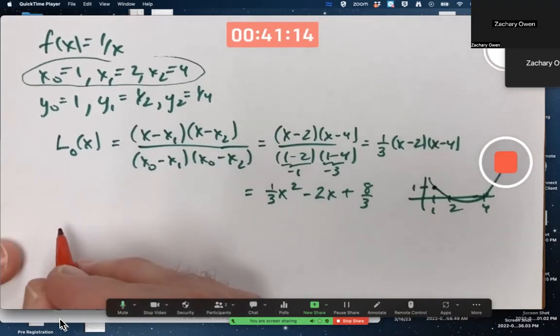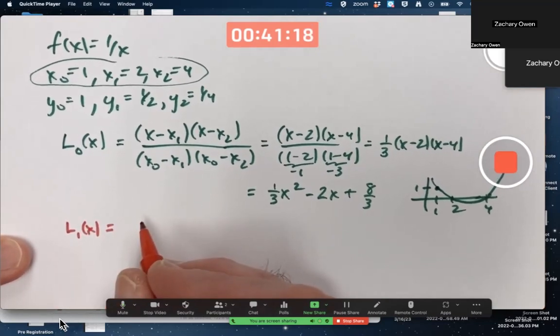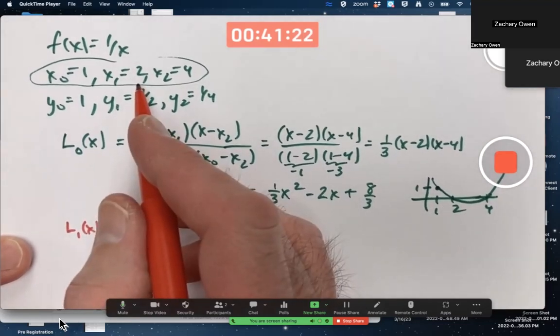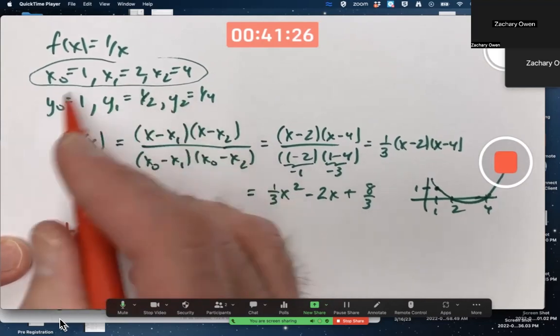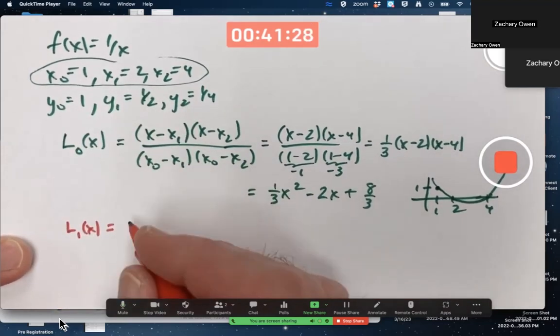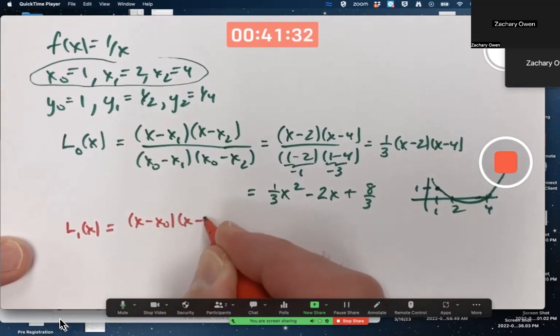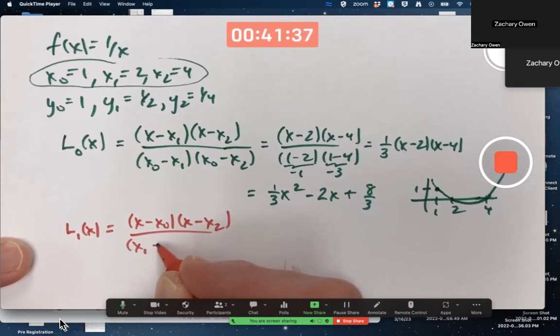For L1 of x, you do something similar. This one we want to equal 1 at the first node, which is really the second node, x1, and 0 at the other nodes. The general formula would be x minus x0 times x minus x2 over x1 minus x0 times x1 minus x2.